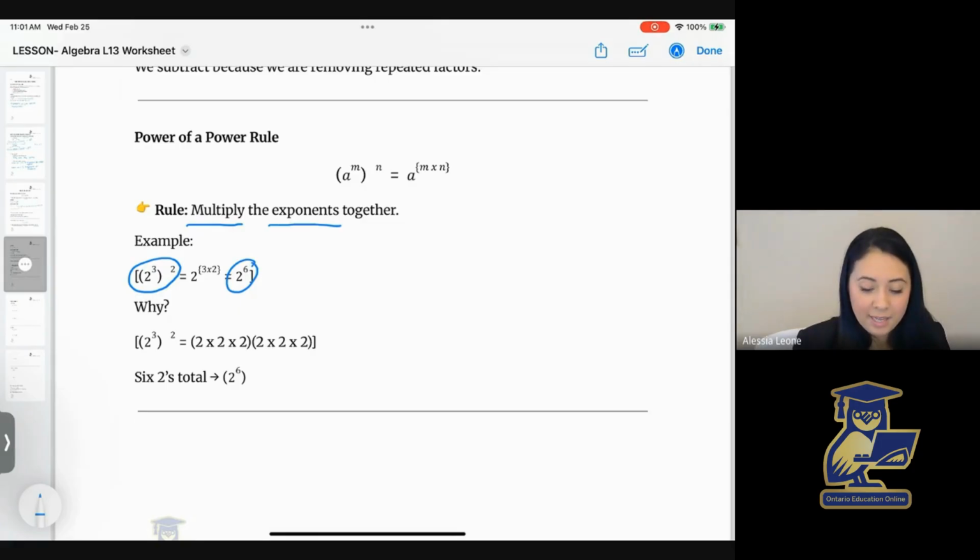Another set of brackets that has 2 times 2 times 2. If we count how many 2s we have all together, 1, 2, 3, 4, 5, 6. So that gives us 6 2s all together. And that's why this works.